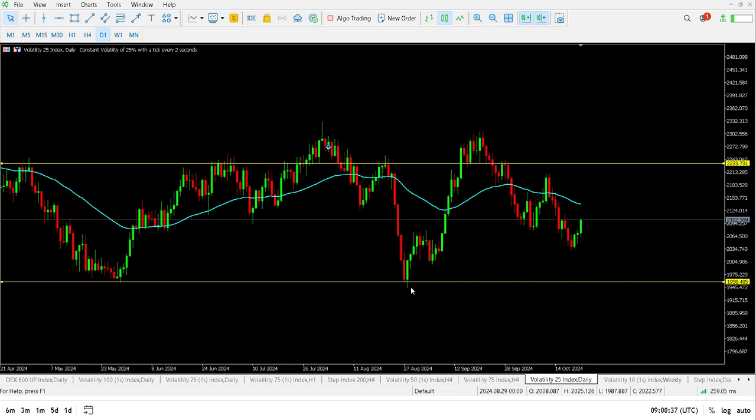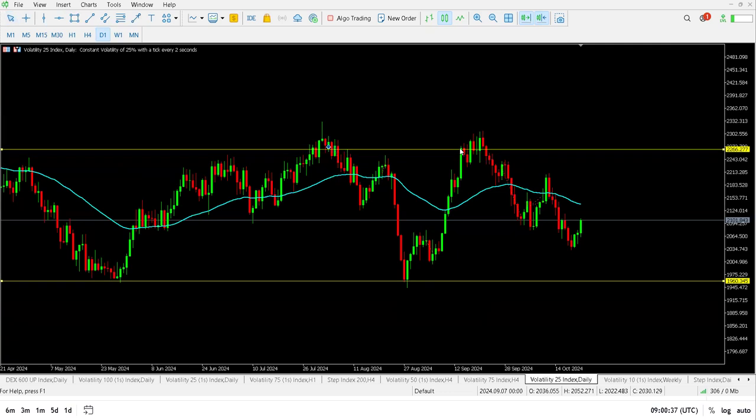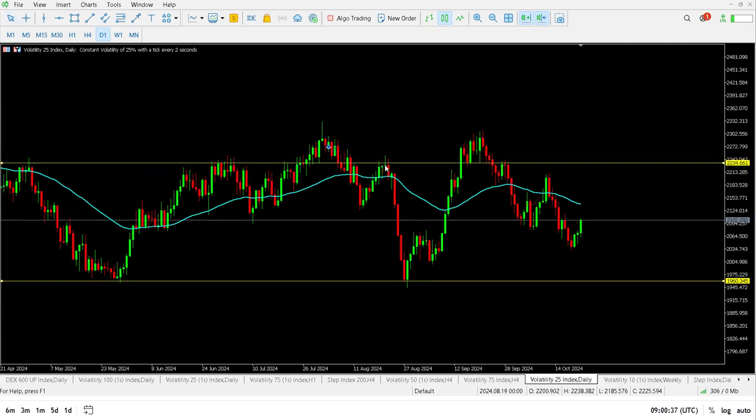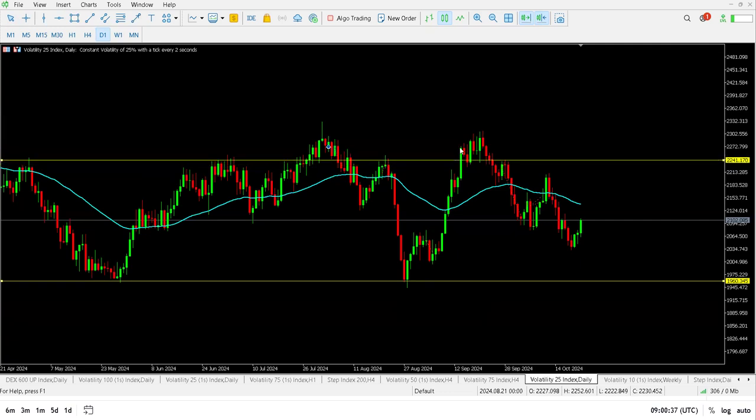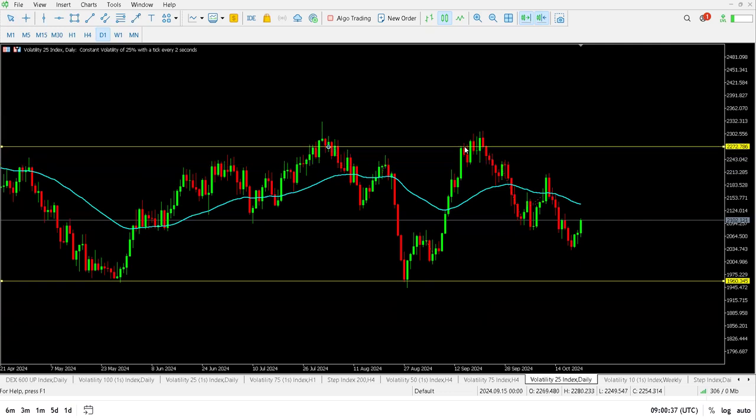So we had a lower high, a lower low, and then we had a shift of structure to bullish as soon as we had this daily candlestick close above this lower high right about here, printing us a higher high, shifting the market structure from bearish to bullish.